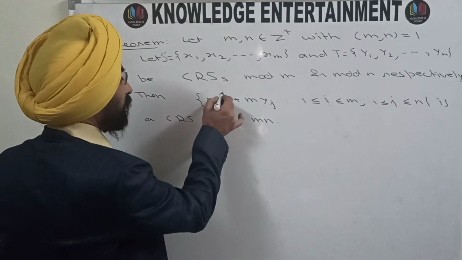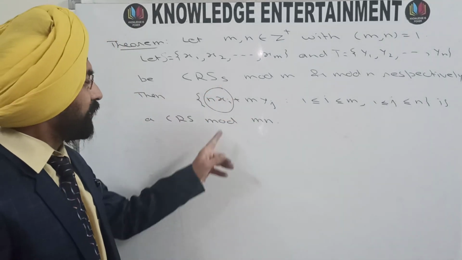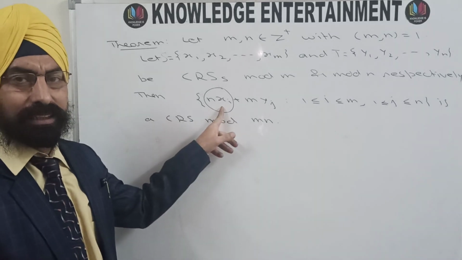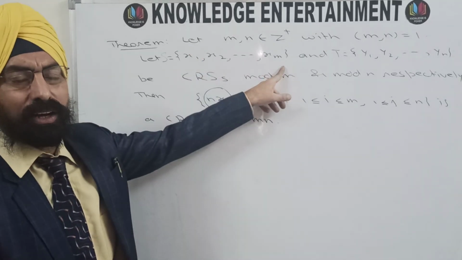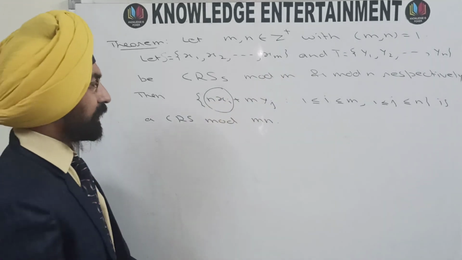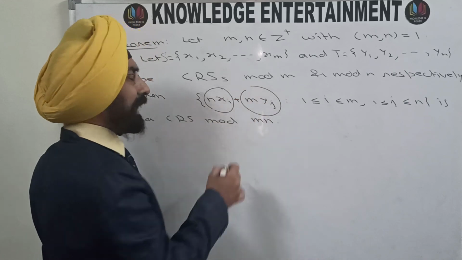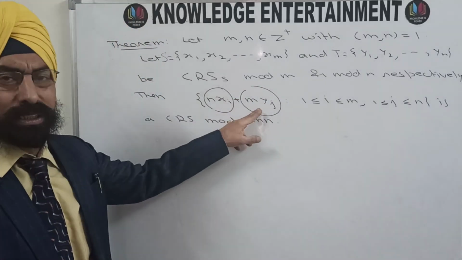Look at how many choices you have for this n xi. That means the number of choices of i, and the number of choices of i is m. So here you can have m choices. Similarly, here you can have n choices, and for each choice here, you have n choices here.